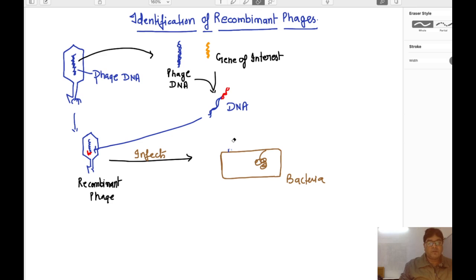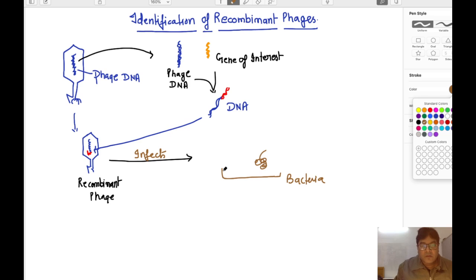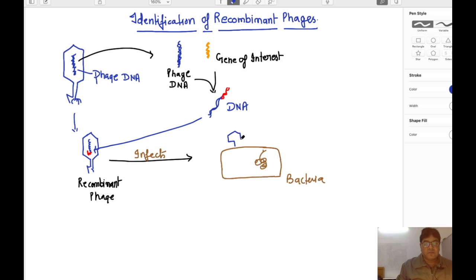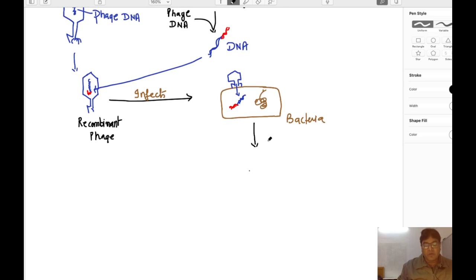Okay, let me draw a proper phage. So this is the bacteria, and this is the phage which is infecting this bacteria, and then the phage DNA is released into this bacteria, and this bacteria will now multiply and form a colony on an agar plate, on another agar plate.